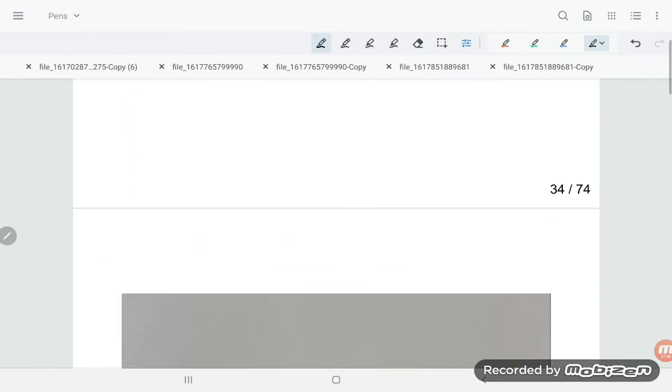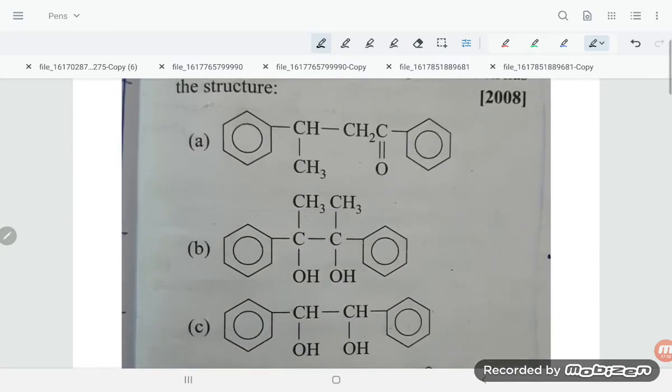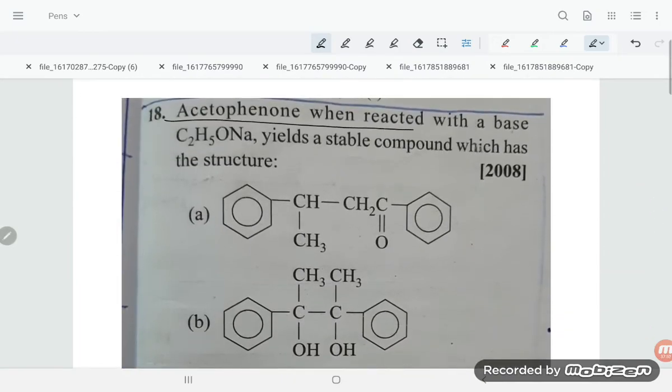Now let us move to question number 19, students. What could be the question number 19? Acetophenone when reacted with the base C2H5O negative and A yields a stable compound. Which is the structure?